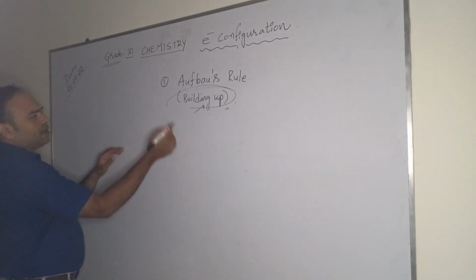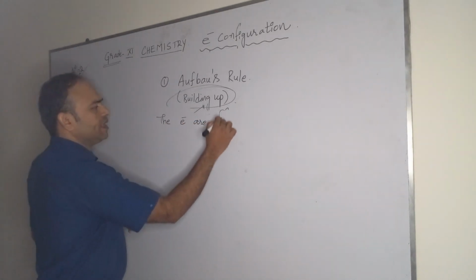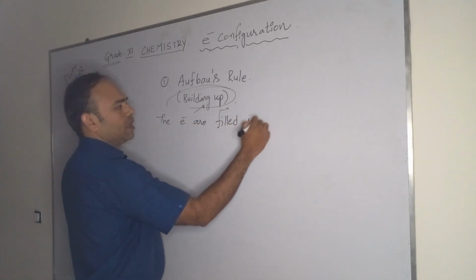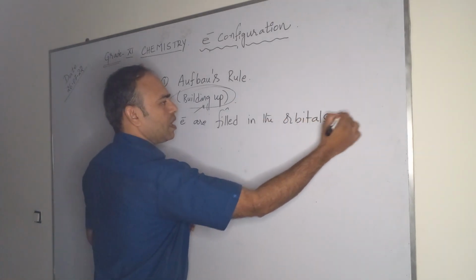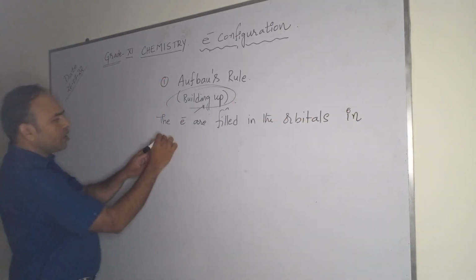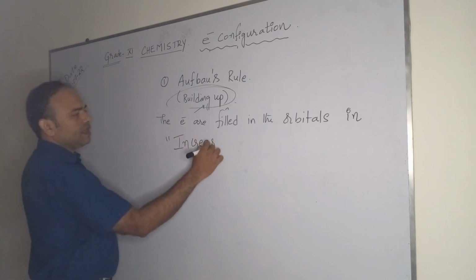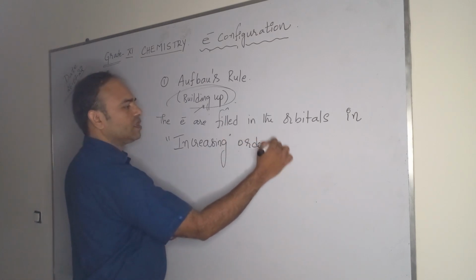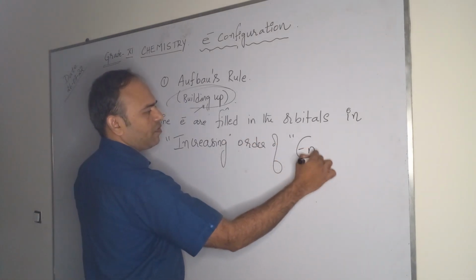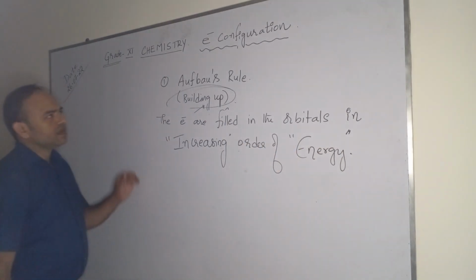It says that the electrons are filled in the orbitals in which order? Increasing order of what? Of energy. So this is the rule.